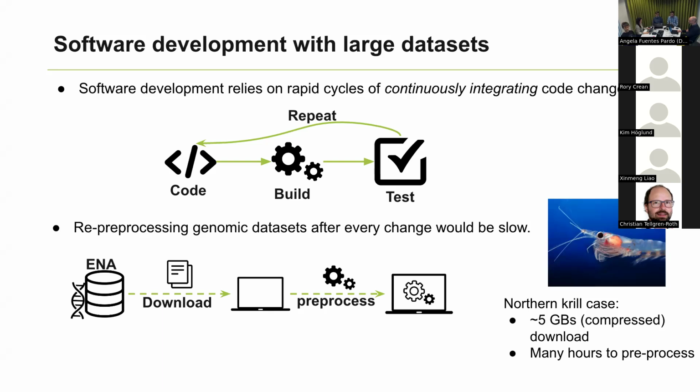Just as an example, we have Northern Krill, which is shown on the website, and it's about 5 gigabytes of data that we need to download from the ENA in compressed form. And this also takes many hours of compute time to pre-process this data so that it's ready for the genome browser. That can be unzipping and indexing the file, for example.